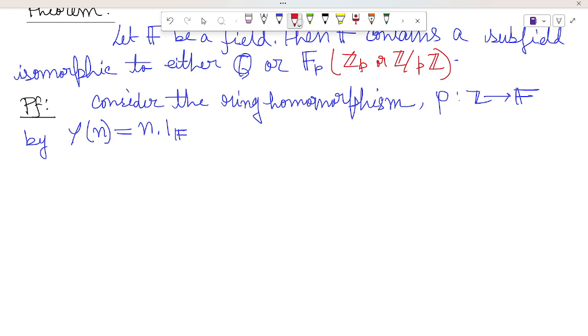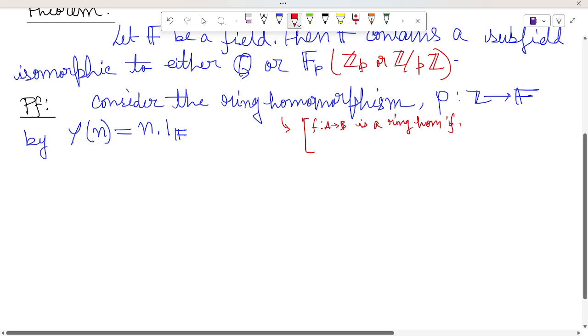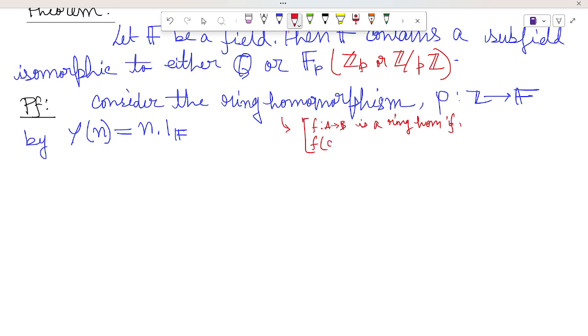So, by ring homomorphism, in case you forgot, if A and B are two rings, then a map f from A to B is a ring homomorphism if f of a plus b, where this plus is in A, equals f of a plus f of b, where this addition is in B. Since we have two rings, there might be two additions.